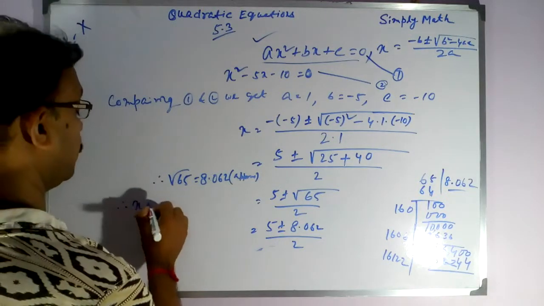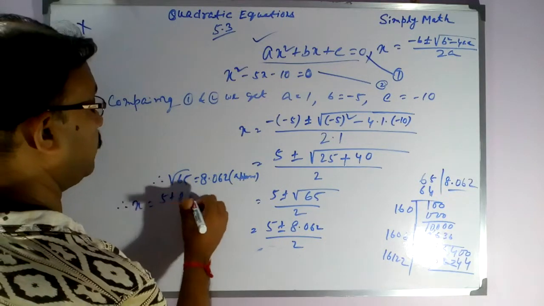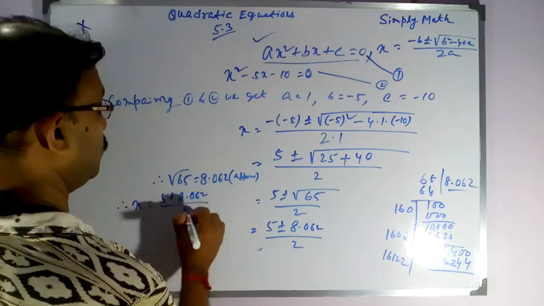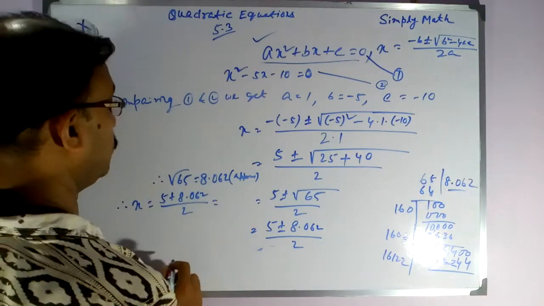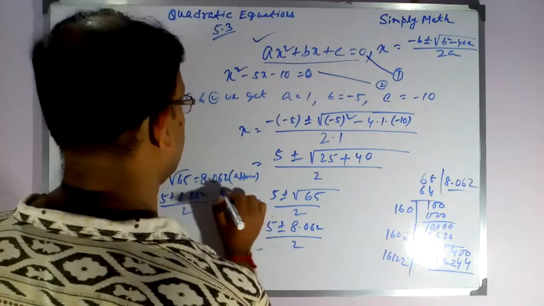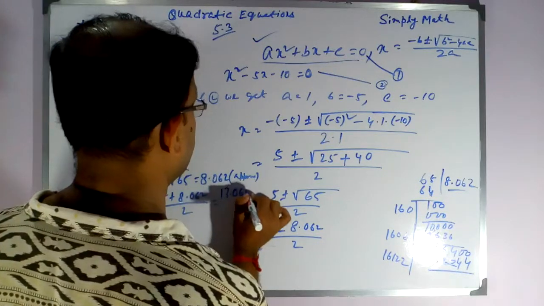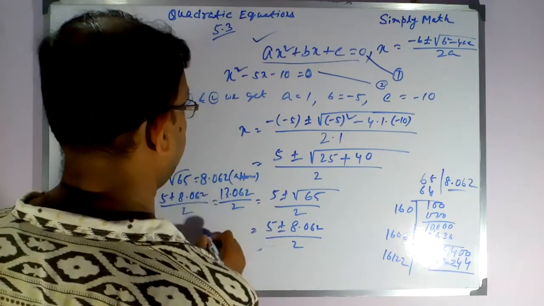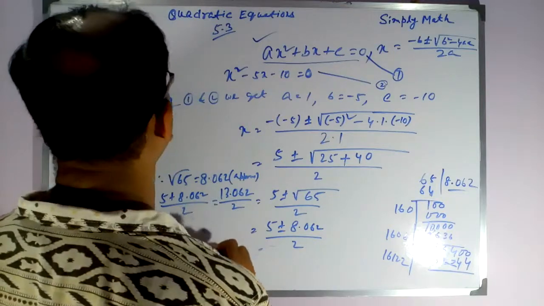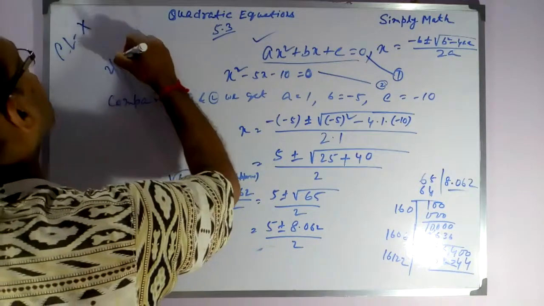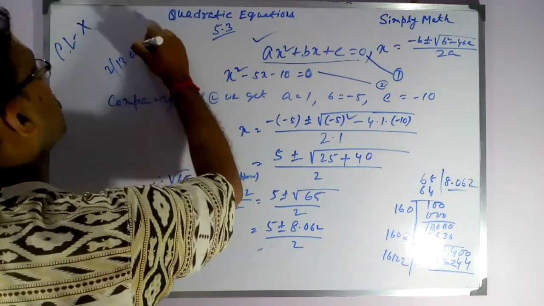Therefore, one solution is x is equal to 5 plus 8.062 by 2, which is 13.062 divided by 2, divide it, 13.06.